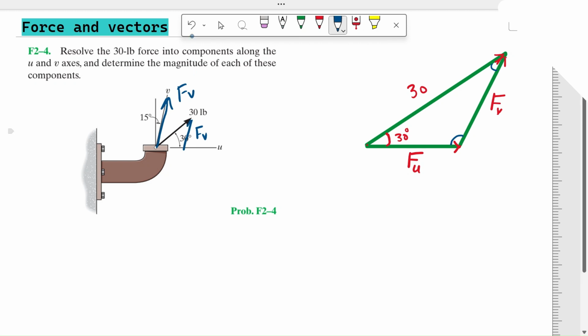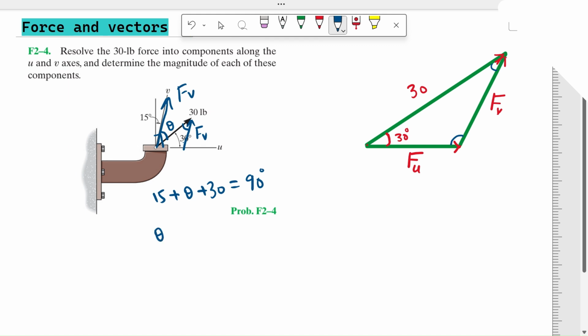So we'll be determining this angle. For this, we know that this 15, assume that it is theta, plus theta, then plus this 30, whole combined will give 90 degrees.